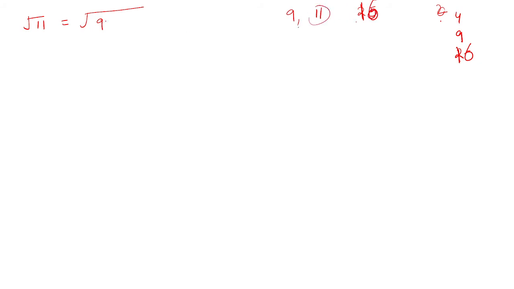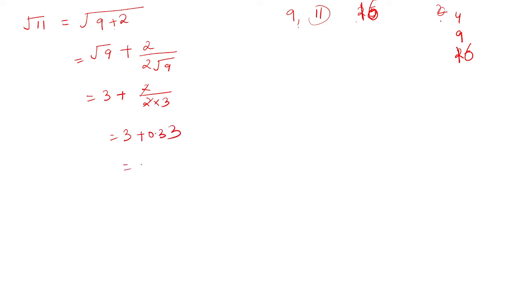It is 9, so x is 9. This time you must add 2, so using the formula, root 9 plus y, which is 2, over 2 root 9. This becomes 3 plus 2 by 2 into 3. Cancel this, so it is 3 plus 0.33. So the value of root 11 is 3.33. Clear with this? Alright, we'll go on with the questions.